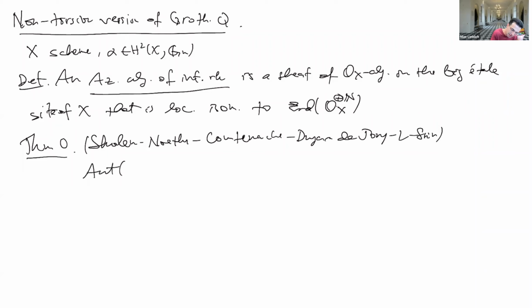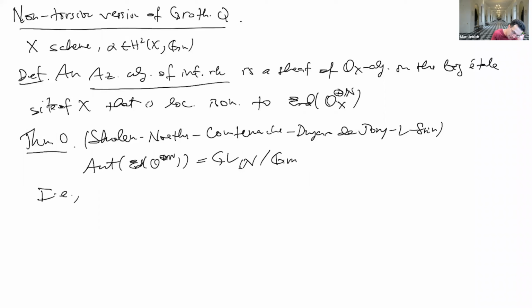So the automorphisms of the endomorphism ring, in this crazy sense, of O^{⊕N} is GL_∞ modulo G_m. I'm using capital N because that's the infinity I mean. So sometimes this is just GL_∞. That is to say, every automorphism is inner. That's really what this is saying.